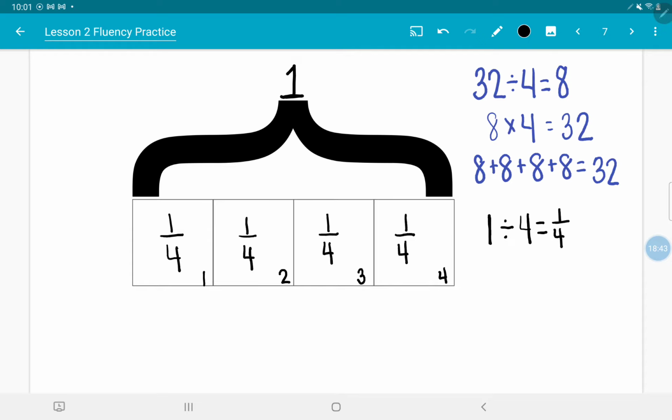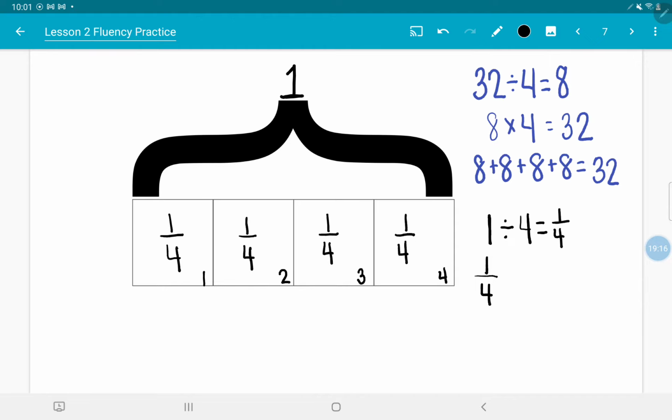If it's broken into 4 equal pieces, then each piece has a value of 1, what? Time out. Stop. Look at that picture. We're saying that the whole represents 1. And what is it, Cash? 1/4. It's 1 broken into 4 equal pieces. So each piece is worth 1/4.